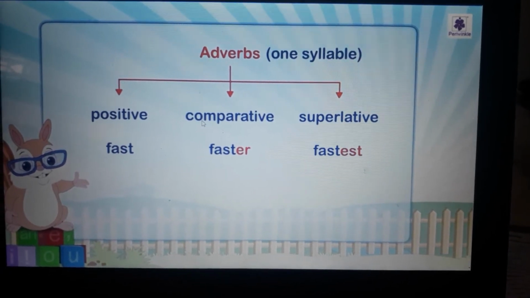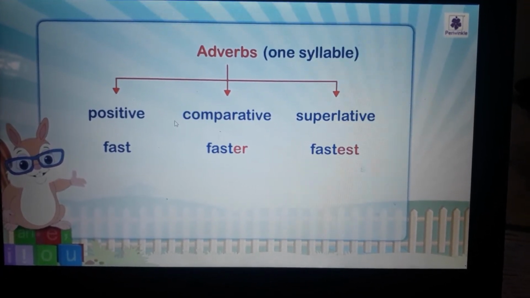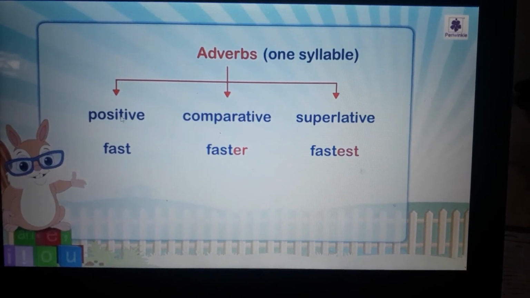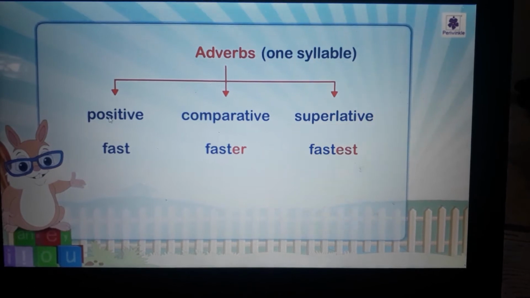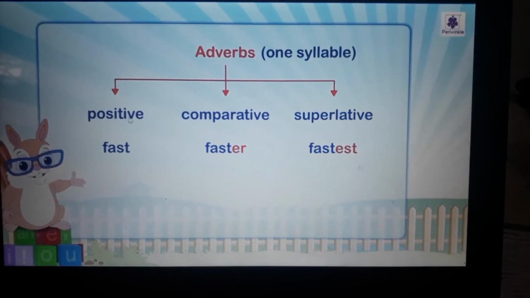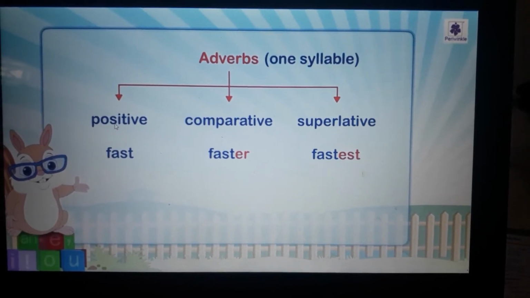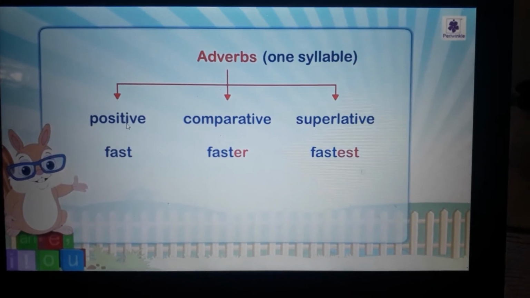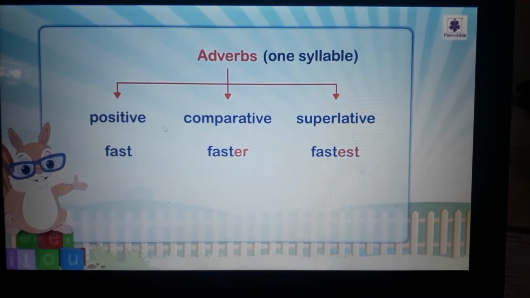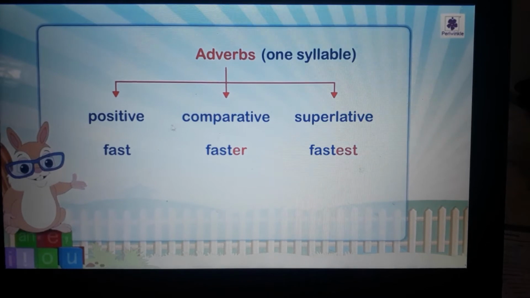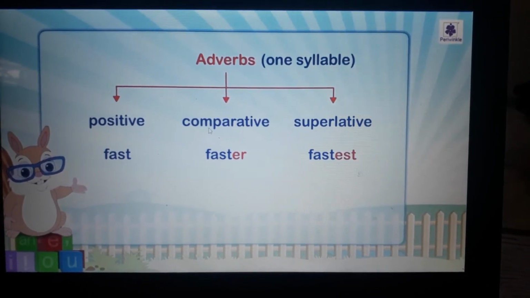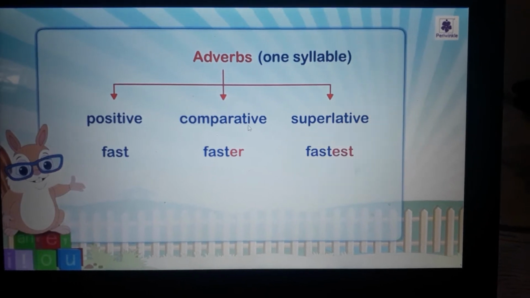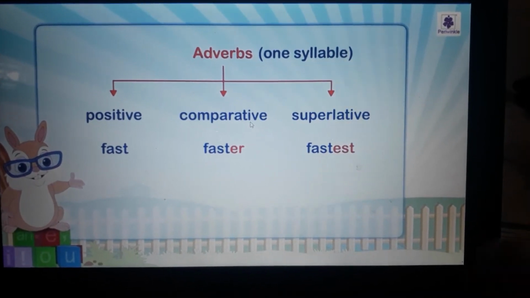Then we have 3 syllables, like positive. We have 3 syllables in positive. Comparative has 4 syllables. Okay, leave that.